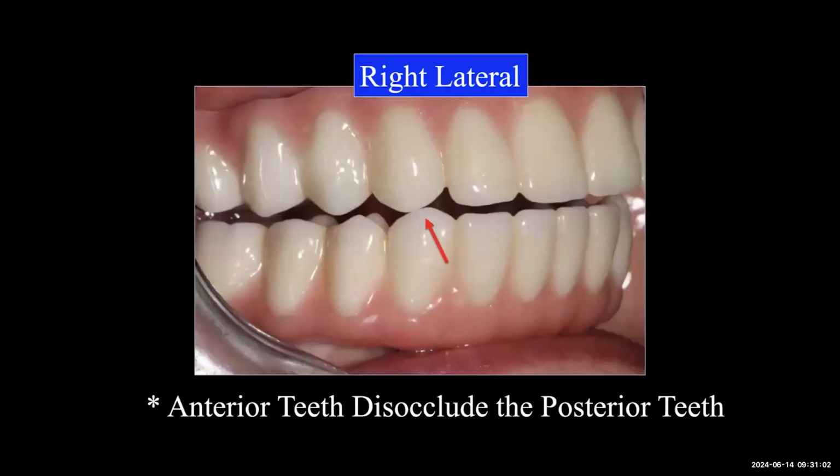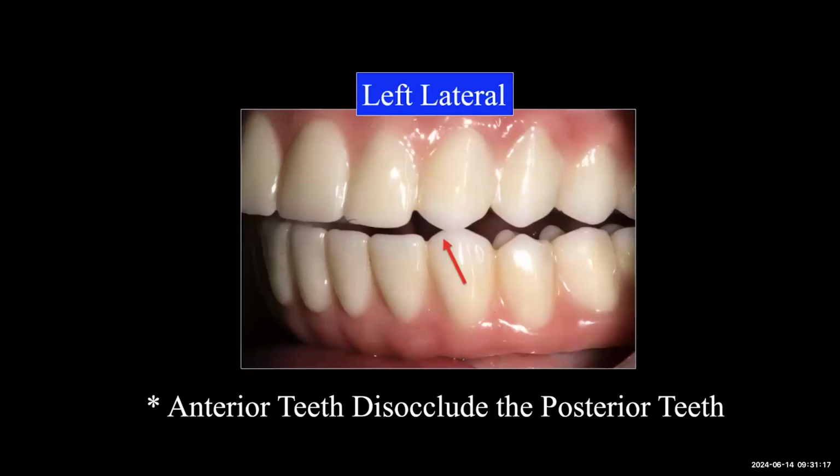When we go into an excursion, it excludes the posterior teeth. So you can see here in the posterior where there is no contact. That is good because any of that contact will increase muscle activity. Whereas here in left lateral, you can still see, we are close on that second bicuspid, but it doesn't touch.